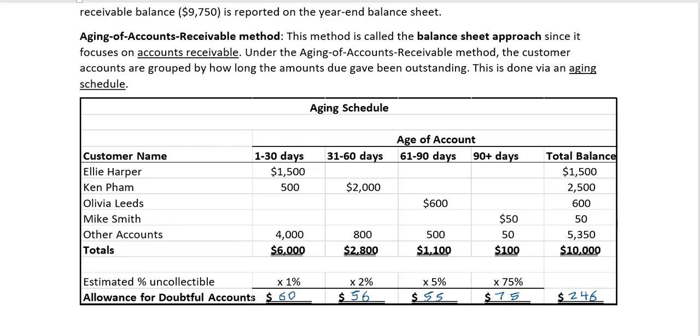And it's not necessarily the most accurate number in one given reporting period, but rather long term. Over the long haul, if you can use this as a good estimating tool for bad debt expense, you're doing well. But again, it might not be the best method for you. You can also use one of the other two methods.